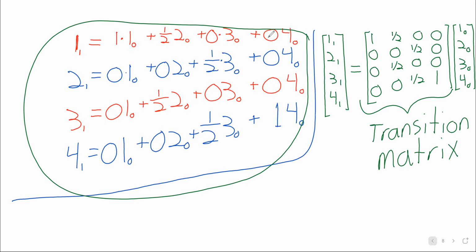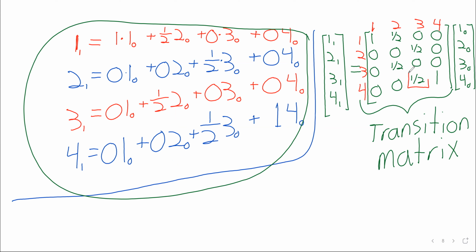So going back here, the rows represent states. The columns represent states.